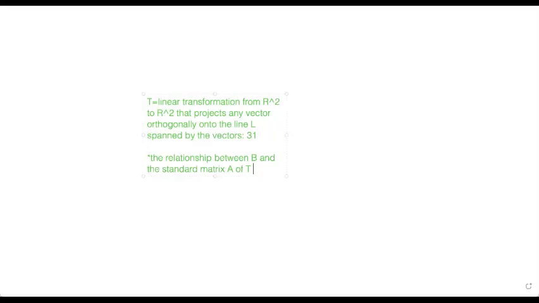So we have to recall a couple of things. The first one is that X is equal to S times the coordinate vector of X, where S in this case, since it's V1, V2, would be 3, 1, negative 1, 3.